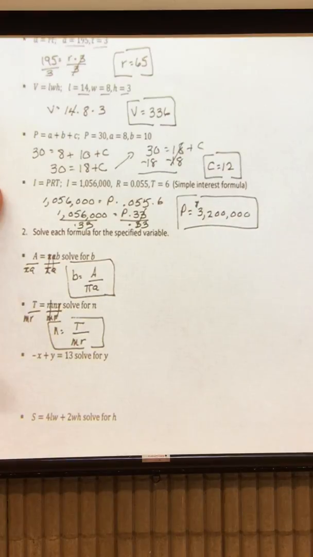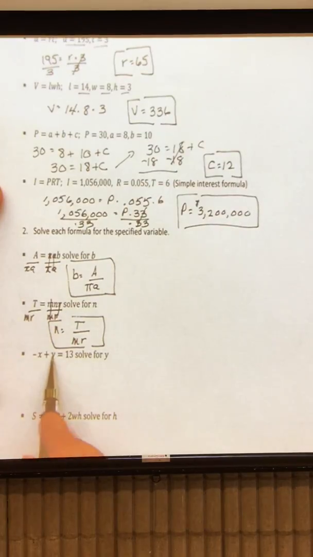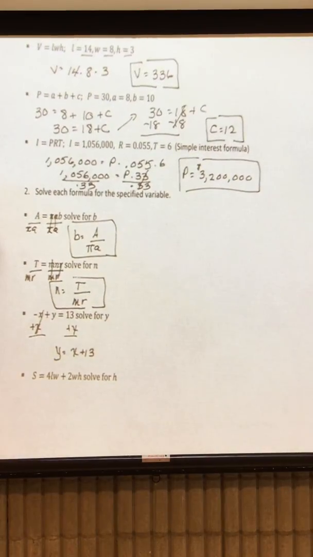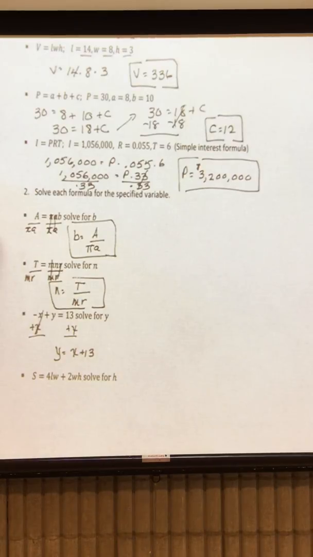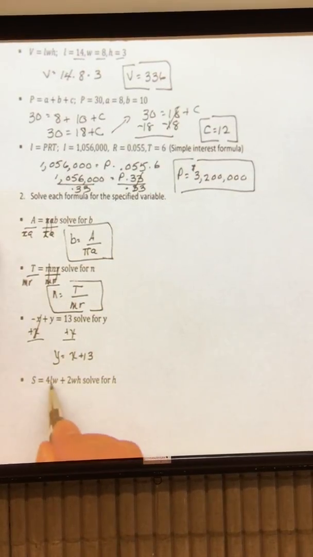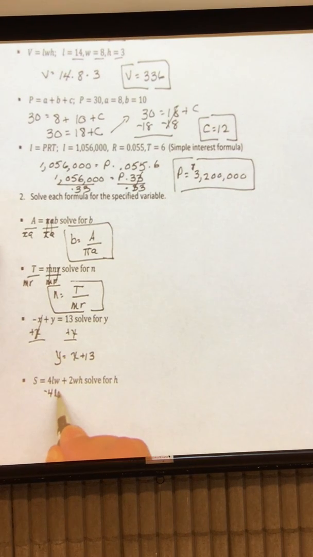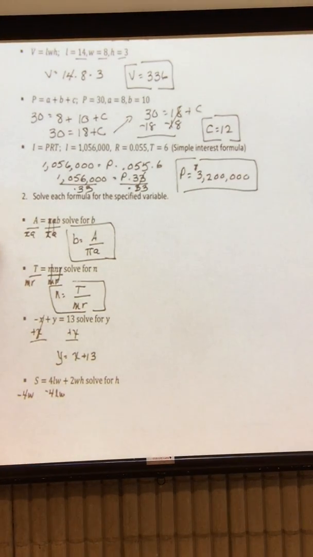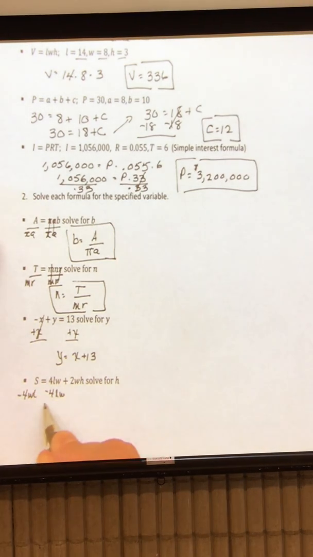Solving for Y. The next problem, you want Y alone, which means you're going to add X to both sides. So Y is equal to X plus 13. And the last problem from number 2, solving for H. Again, we first need to move this over to the other side. So let's subtract negative 4LW.